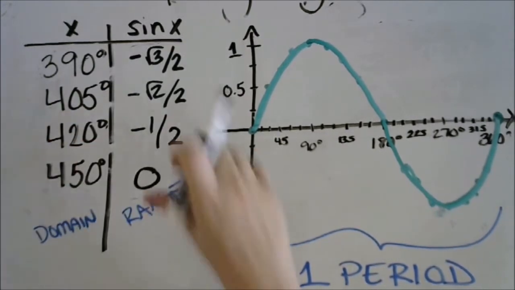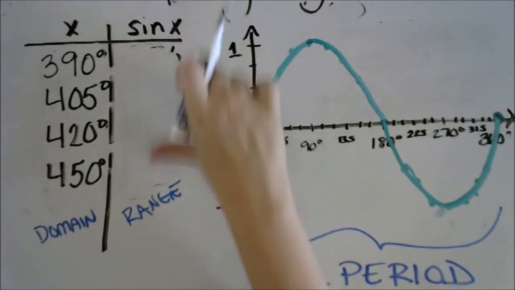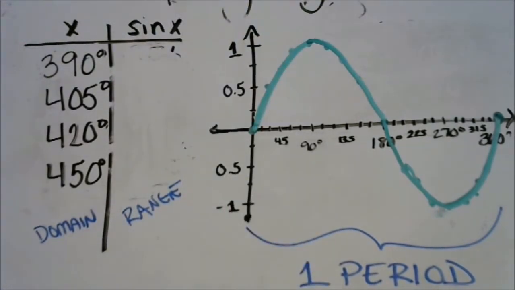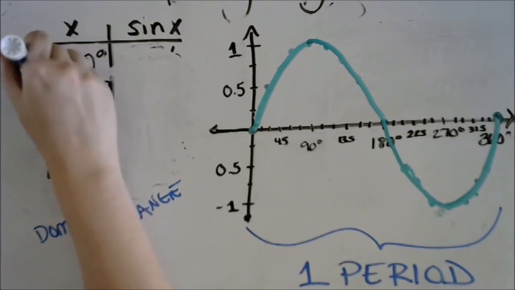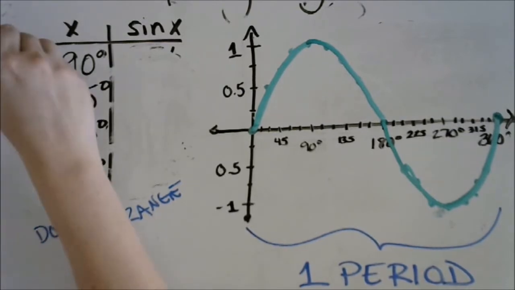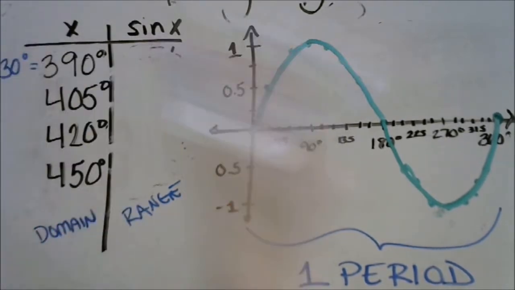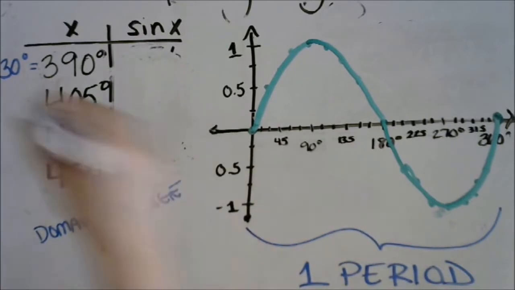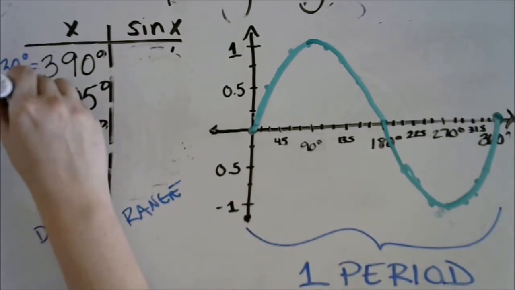450, and so on. If you think about these as coterminal, 390 degrees is equal to what angle on the unit circle? If you were thinking 30 degrees, you are correct. Similar process.